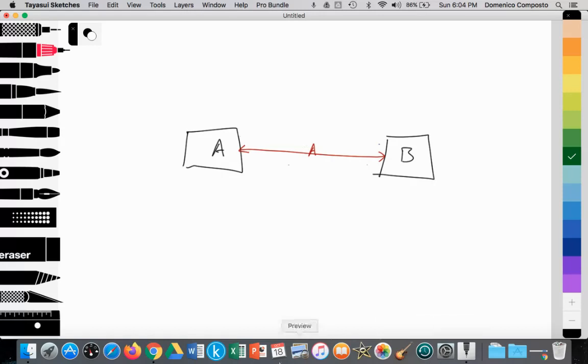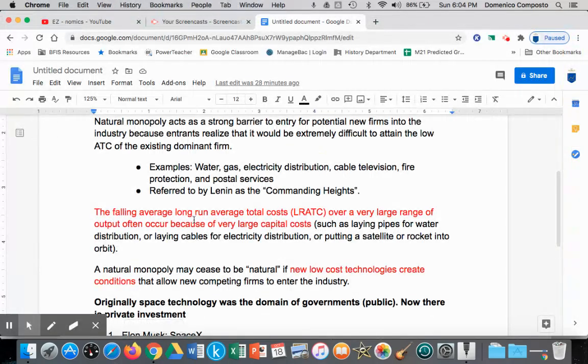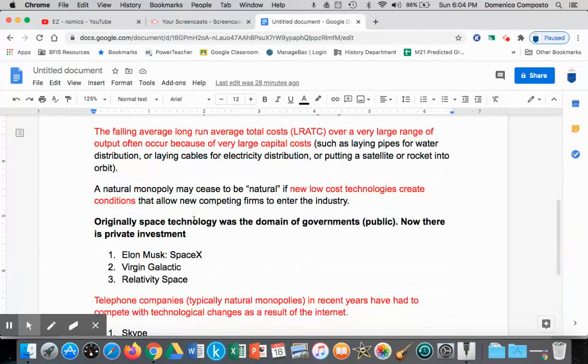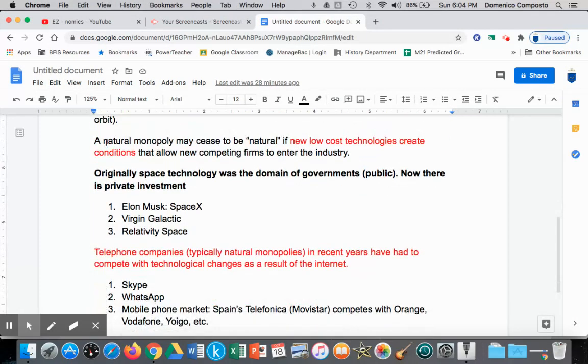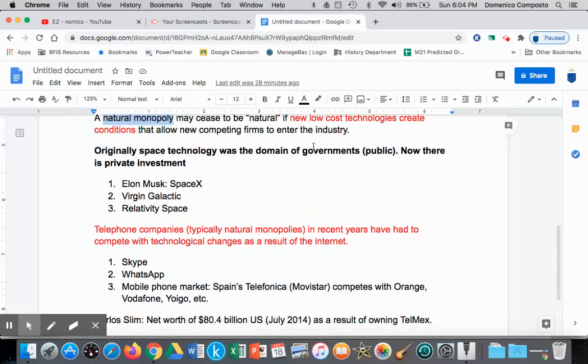Some other notes. Natural monopolies are not always natural. We should also keep in mind that new technologies can come in, which can reduce costs of production and the cost of building the infrastructure to enter this industry. And eventually that becomes the case.